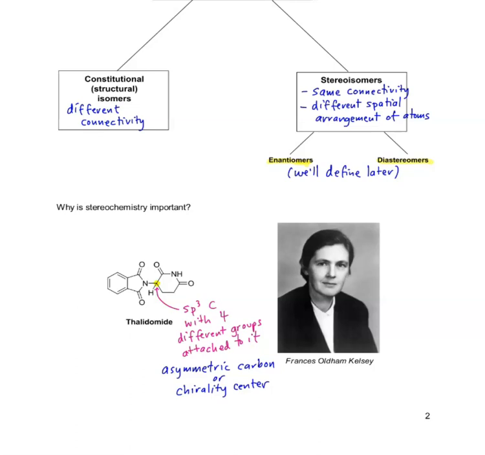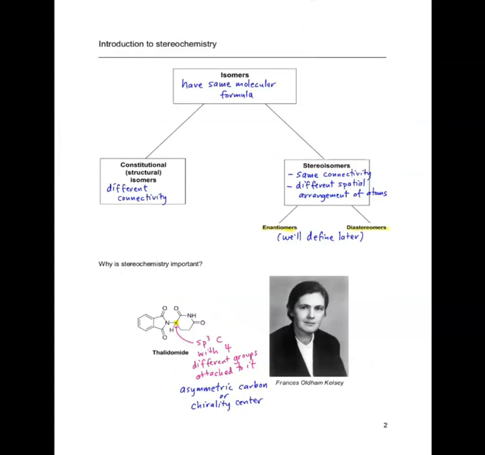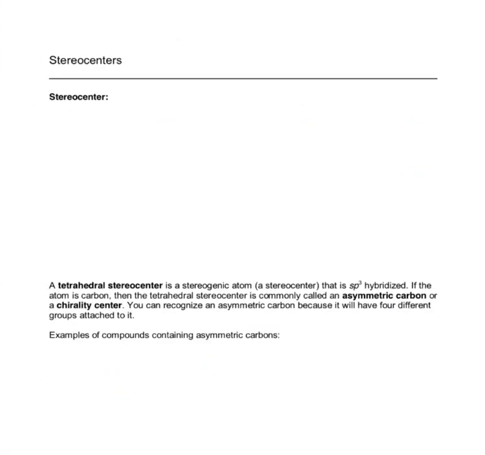The stereochemistry of a compound dictates how it's going to interact or not interact with various receptors in your body. So for anyone interested in medicine or pharmacy, this is the main reason why we're interested in stereochemistry. So let's start by looking at a really important definition: what is a stereocenter?